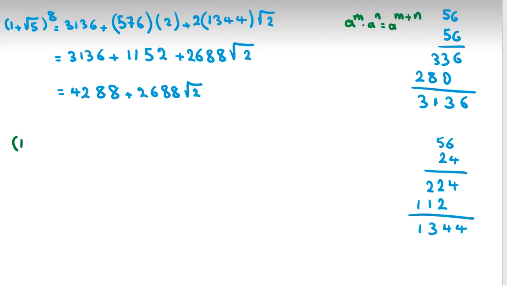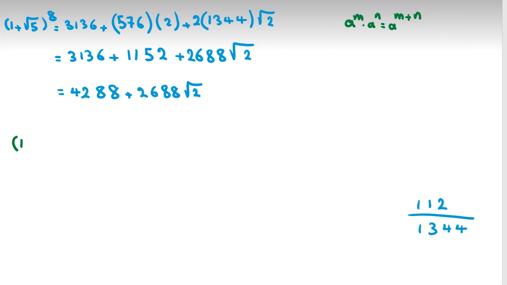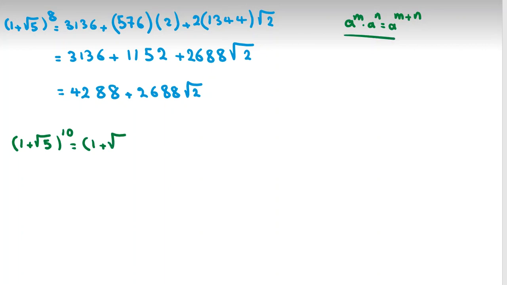We want to use that. Let me erase the things here we don't need anymore. Now (1 plus root 5) to the power of 10 equals (1 plus root 5) to the power of 8 times (1 plus root 5) squared.